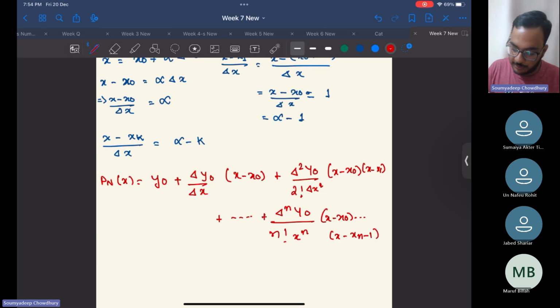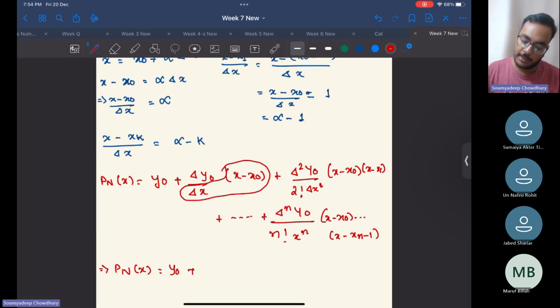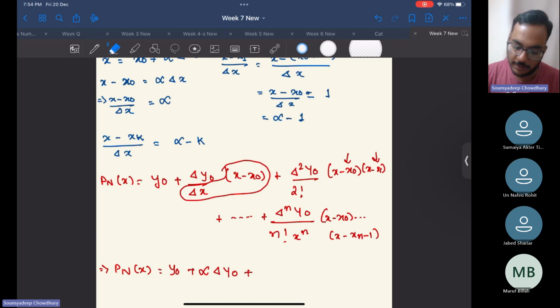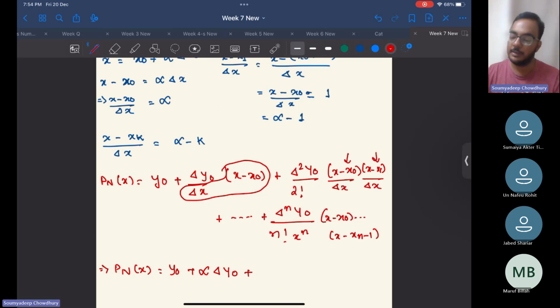If we now substitute this change of variables, it is y naught plus x minus x naught by delta x, that is basically alpha, into delta y naught. Again, in the second term, it is x minus x naught and x minus x1 upon delta x square. You can just change it like this: x minus x naught by delta x and x minus x1 by delta x.